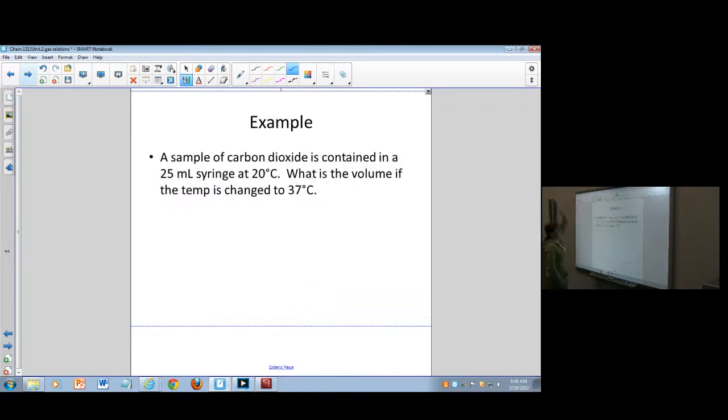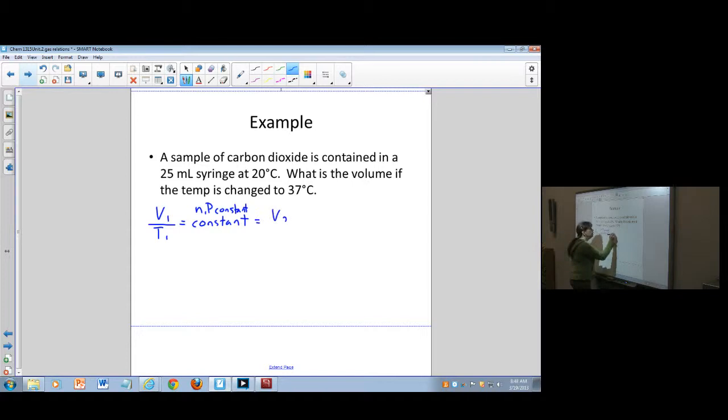And so we end up setting up an equation that looks like this, where we have V1 over T1 is equal to some constant. And that constant, remember, is where we keep the n and the P constant. Those values are still there, but we're not measuring them and nothing has changed.